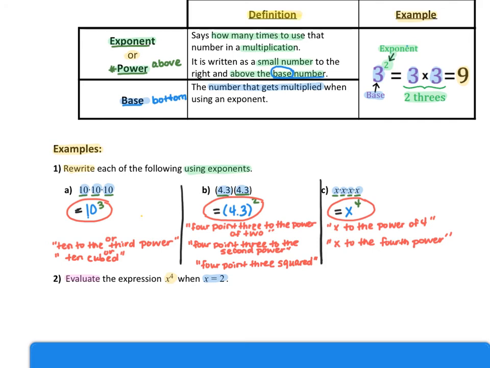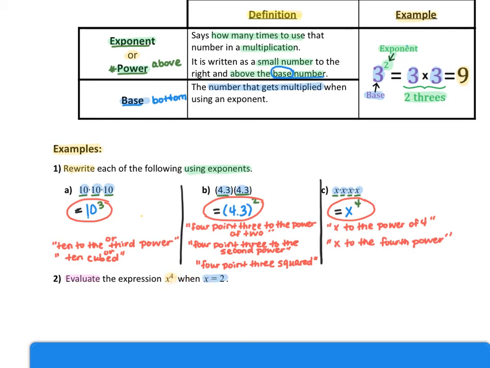Now that we know how to rewrite expressions using exponents by counting how many times the base is being multiplied and writing that base to the power of the number of times it's multiplied, the next thing we need to know is how to evaluate an expression that has an exponent in it, by taking the value we're given and plugging it in for the variable within the expression.